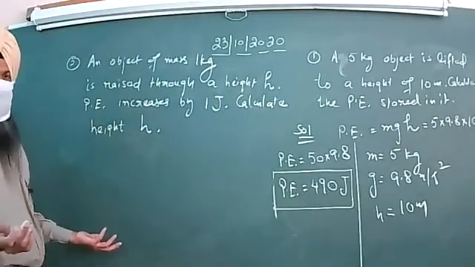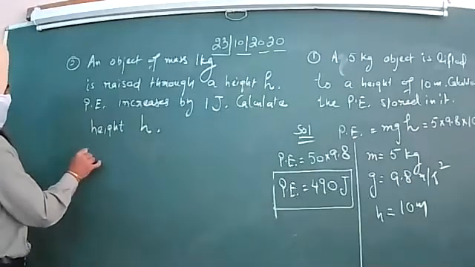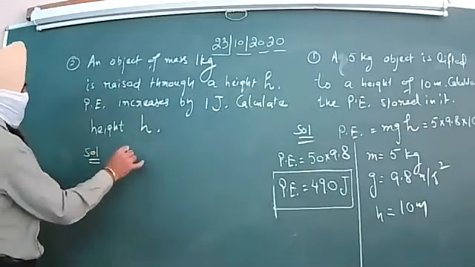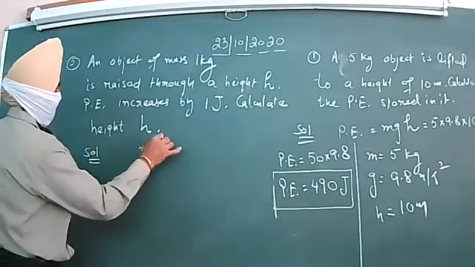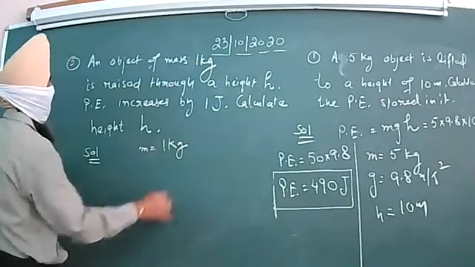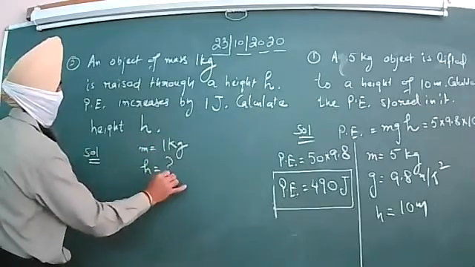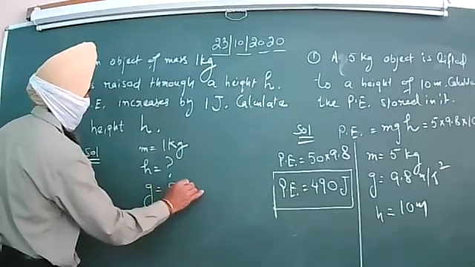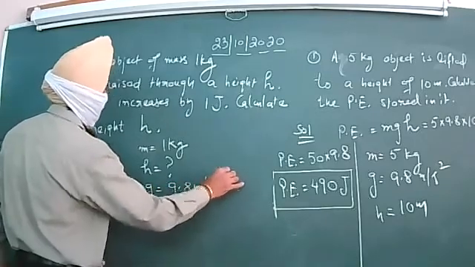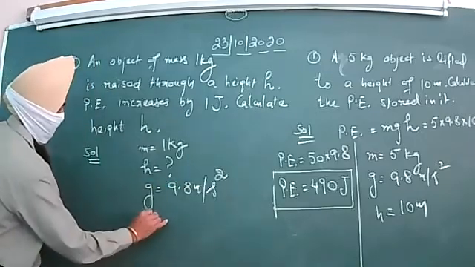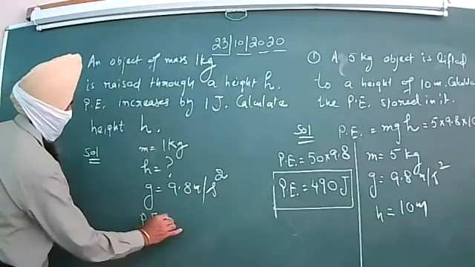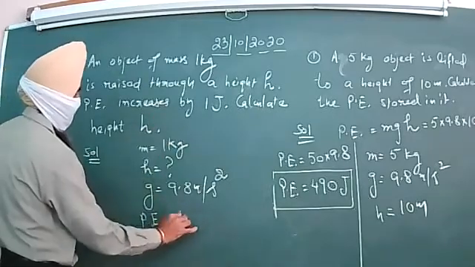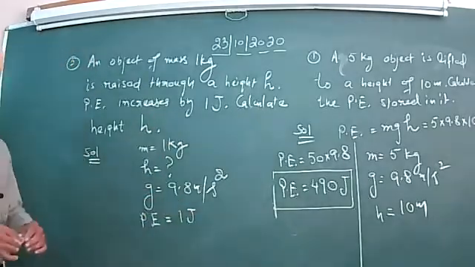So let us have this calculation. Regarding the solution part, mass is given to be 1 kg. Height needs to be calculated. G is 9.8 meter per second square. Increase in the potential energy is said to be 1 joule.